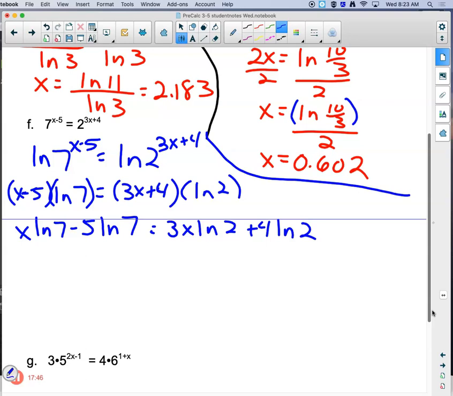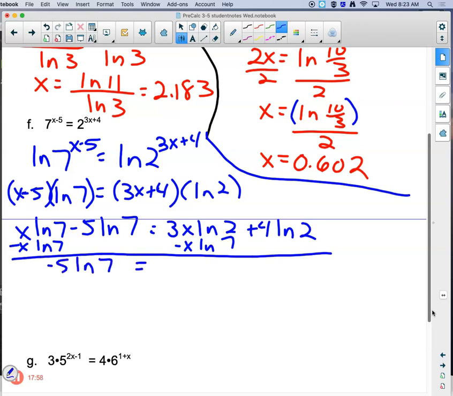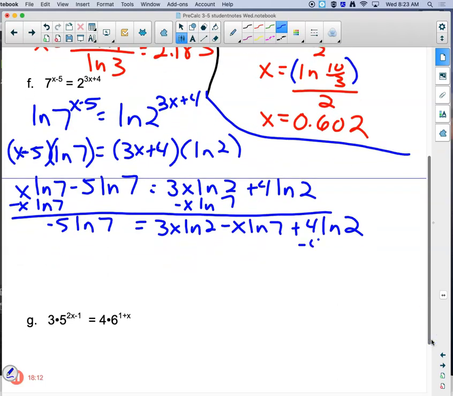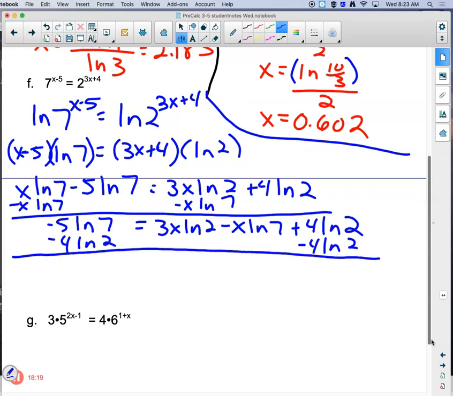I guess I will subtract x natural log of 7 from both sides. And then I suppose you could move over that 4 natural log of 2. You could have done that in the same step. But there's a lot to keep track of here, so when you try to do too much at one time, you start to have problems and you start to lose things.